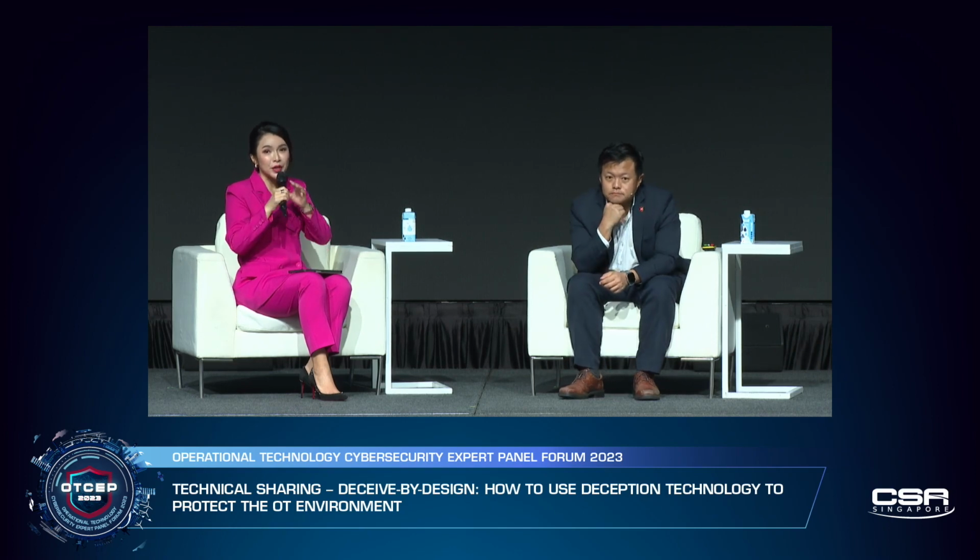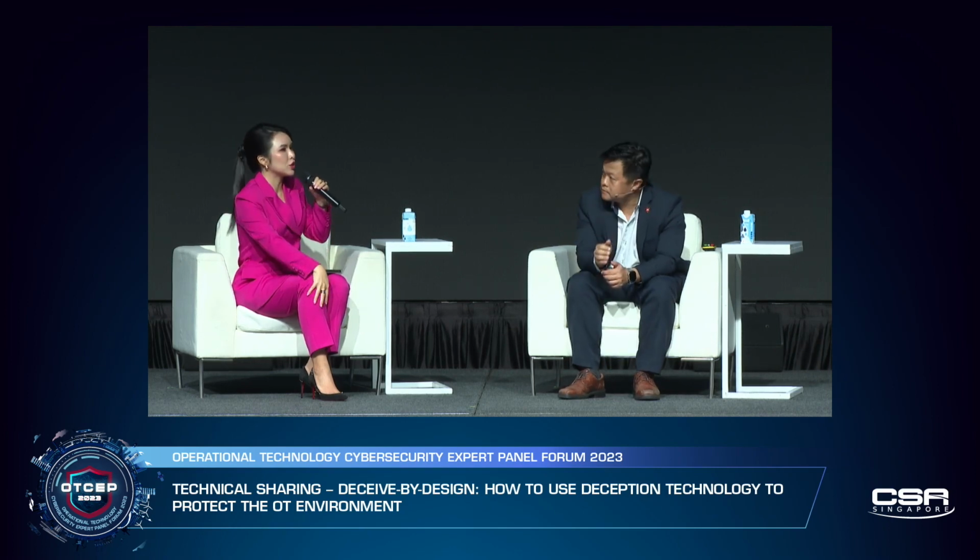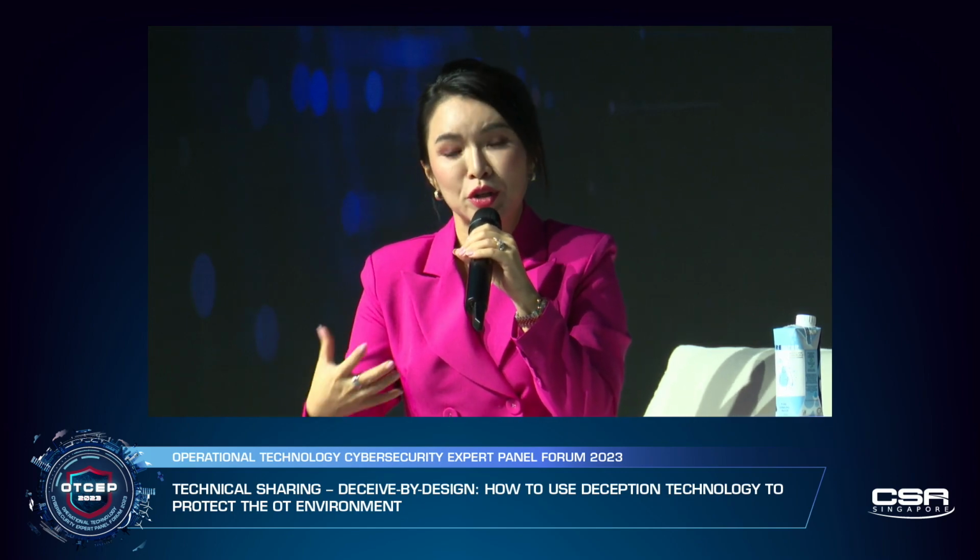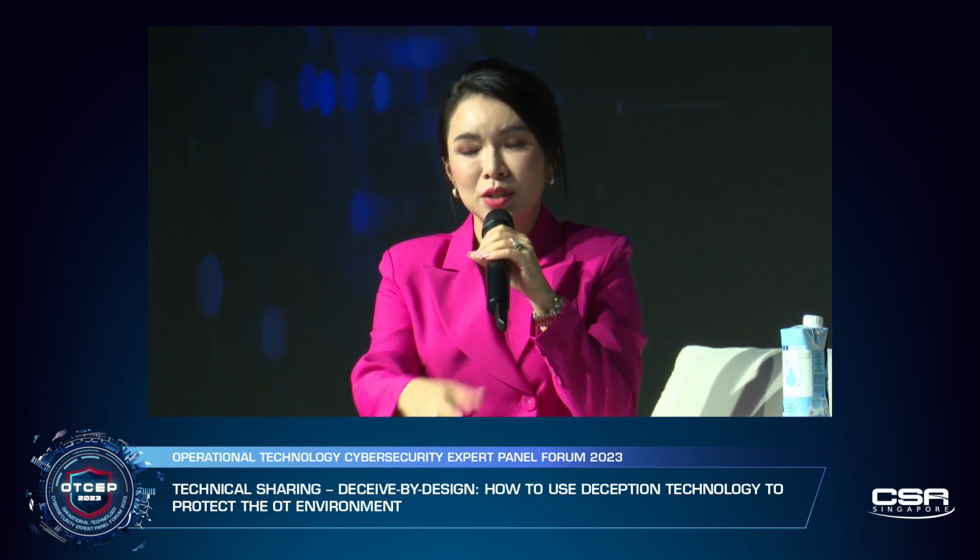And for members in the audience who may be considering investing in or applying this technology, what are some of the practical considerations or challenges that they should take note of when trying to integrate deception technology into existing OT systems or strategies? I think firstly, deception is not going to be a digital twin.